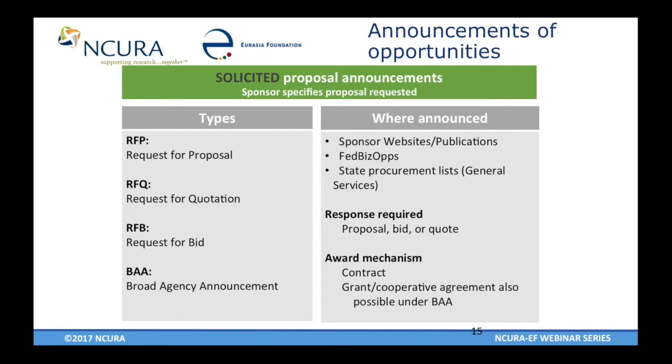Solicited programs are primarily announced on agency websites and in Fed Biz Ops, a marketplace for federal procurement opportunities. The program announcements of the solicited type are referred to as requests for proposals, requests for quotes, requests for bid, or broad agency announcements.